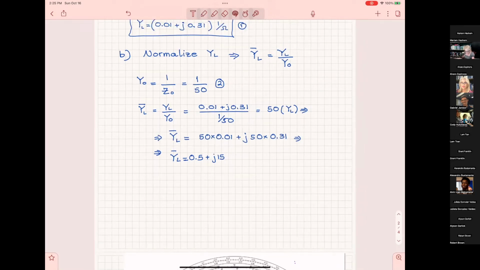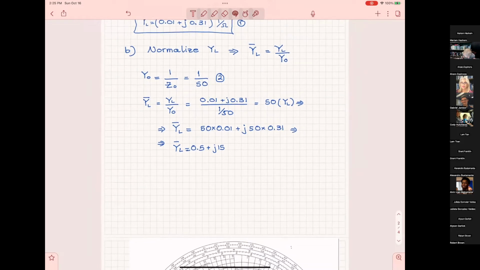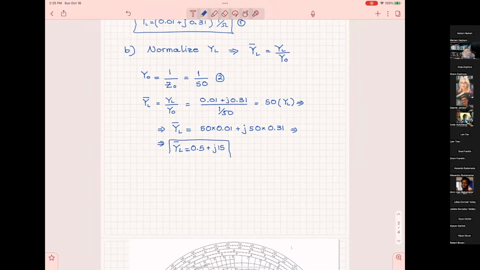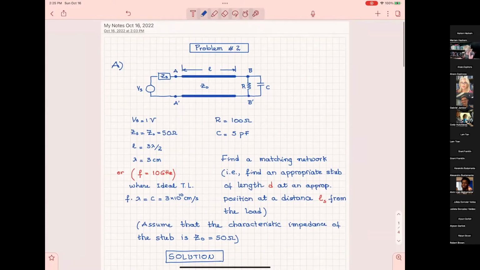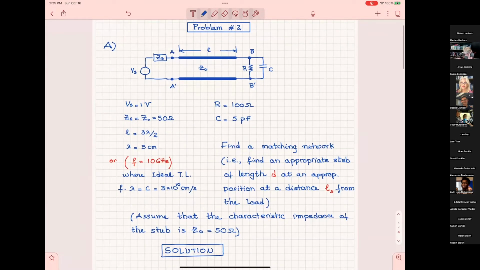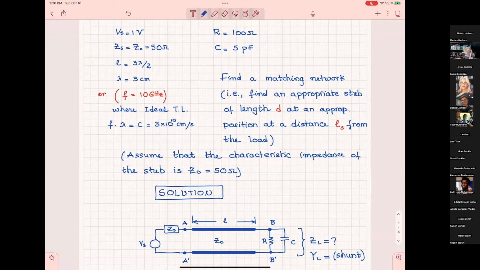Now I got that. Now I need to think what the problem is asking me so I know exactly how to go about it. All right, what the problem is asking me, let's go back. You should always read carefully the problem. Say, find a matching network, so an appropriate stub. Why do I say appropriate stub?